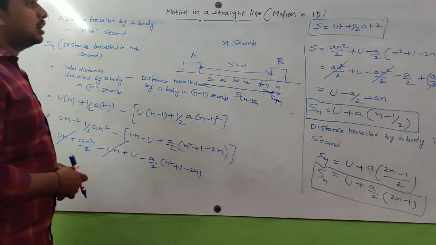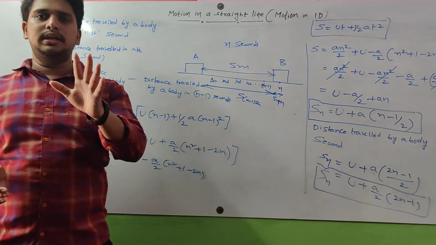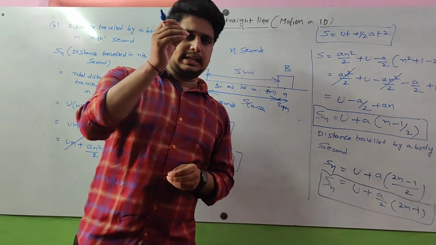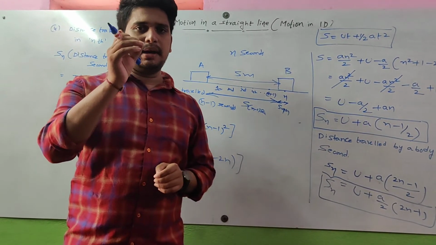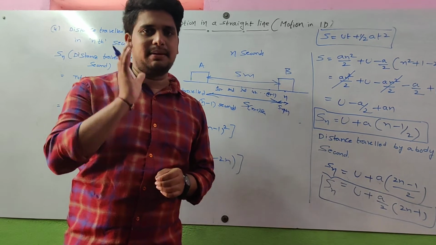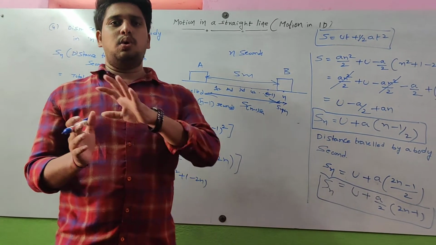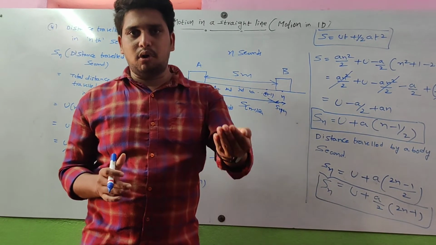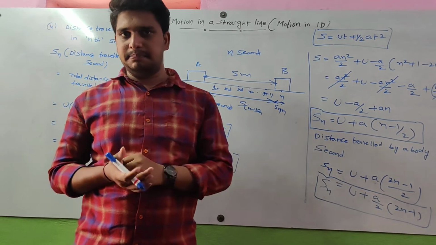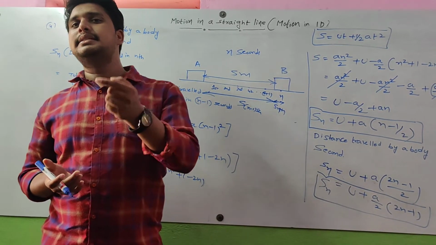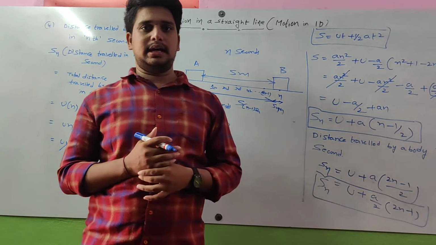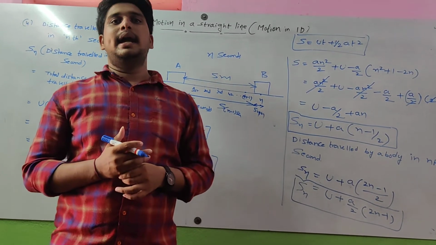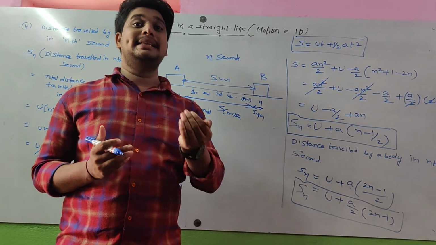I hope you all understood this lecture. What are we doing in the beginning step? If the given problem asks for the distance traveled by a body in the nth second, you should simply apply the total distance traveled by the body minus the distance traveled by the body in n minus 1 seconds. For example, if the question asks for the distance traveled in the 4th second, it means the total distance traveled in 4 seconds minus the total distance traveled in 3 seconds.